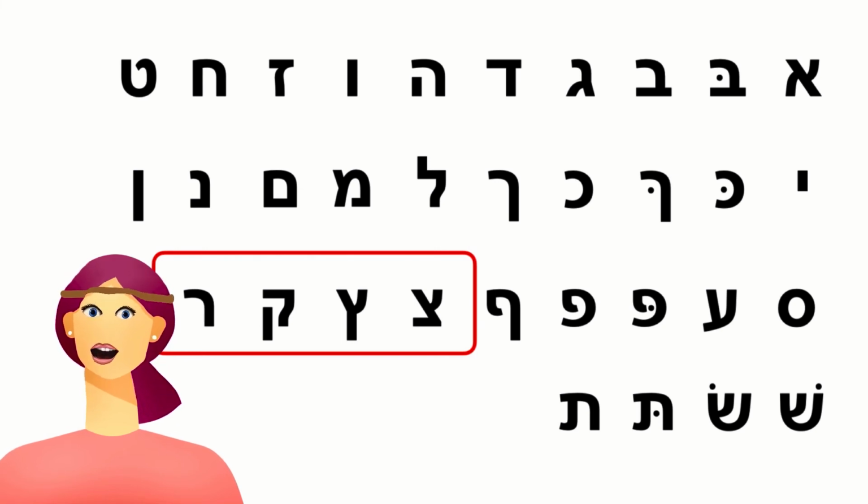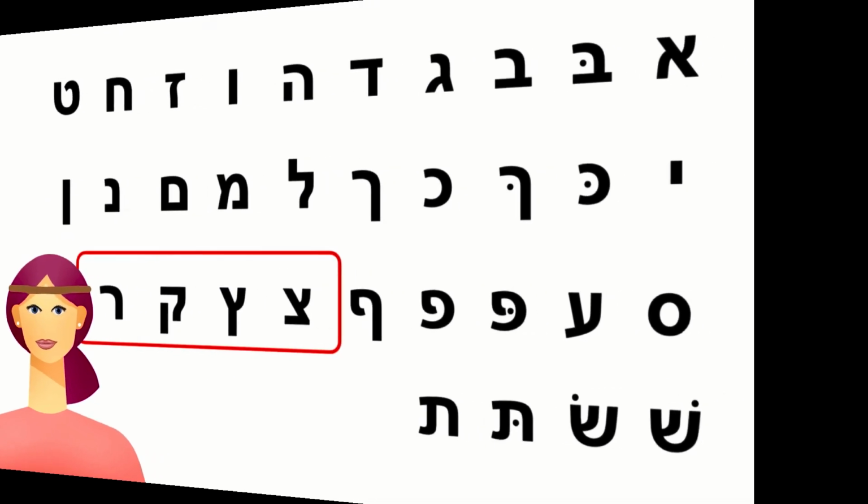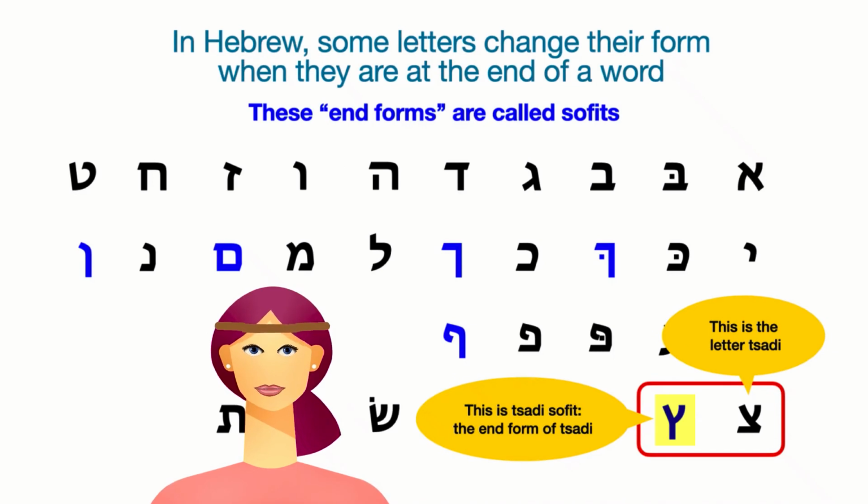And now, you also know tzadi, tzadi soffit, kuf, and resh. You also saw tzadi soffit, the end form of the letter tzadi. So, whenever the sound of tzadi is the last sound of a word, it is the soffit form that is written.